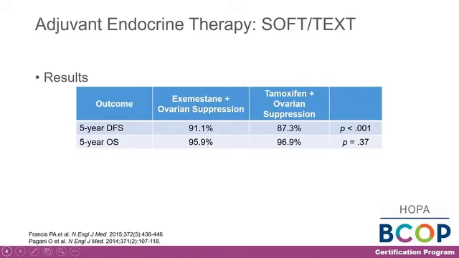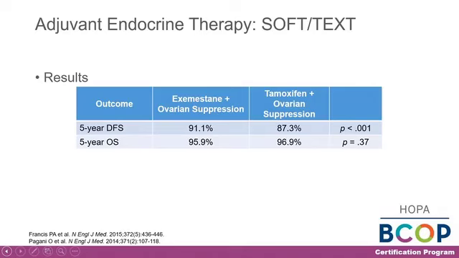And recently there was an 8-year update that showed disease-free survival at 8 years when ovarian suppression was added to tamoxifen was 83.2% versus with disease-free survival with an aromatase inhibitor with ovarian suppression was 85.9% at 8 years.